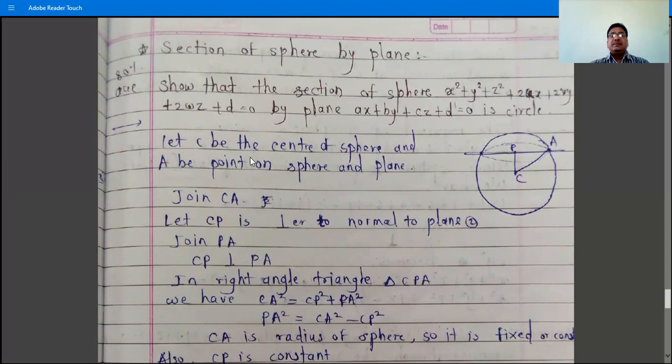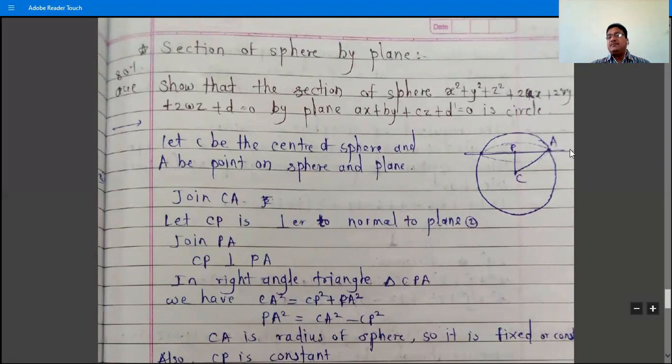So let C be the center of the sphere and A be any point on the sphere and plane. What is the point A? A is the point on the sphere as well as the plane. That is the point of intersection.